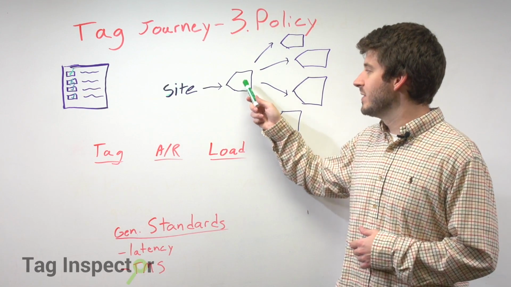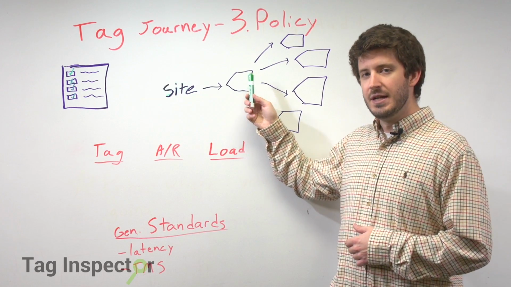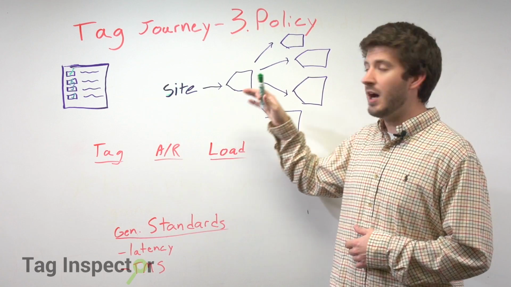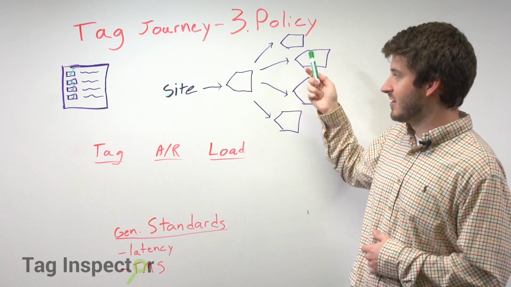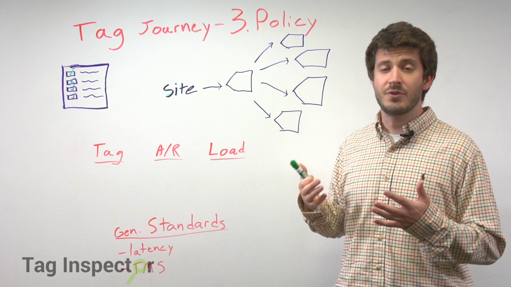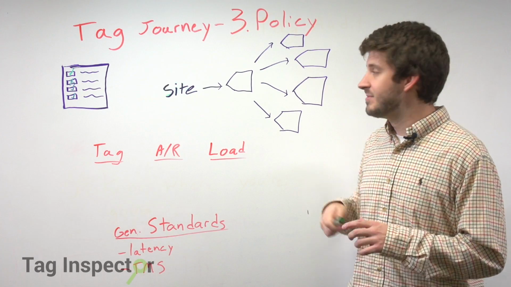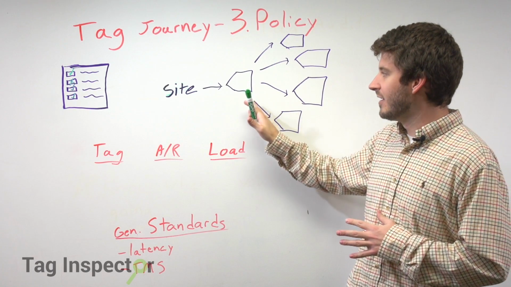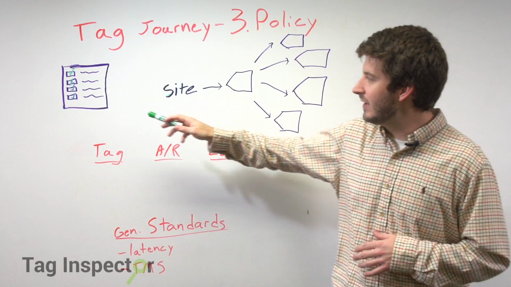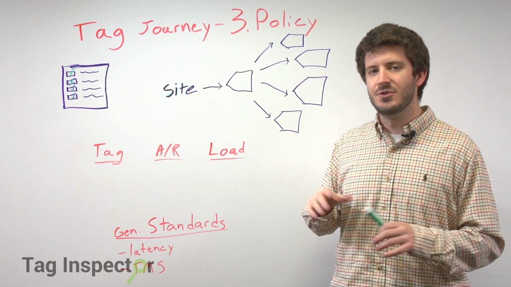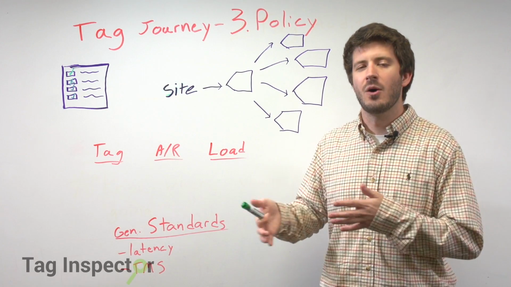But what happens when this tag gets executed is it will turn around and send that data off and load in other platforms, or those tags that are piggybacking, or some people you might hear referred to as daisy chaining on the website. So these are being loaded in by other tags that you do have on there, but when we're filling out our inventory, and in that audit process, it's key to, that's why we highlight how tags are loading.